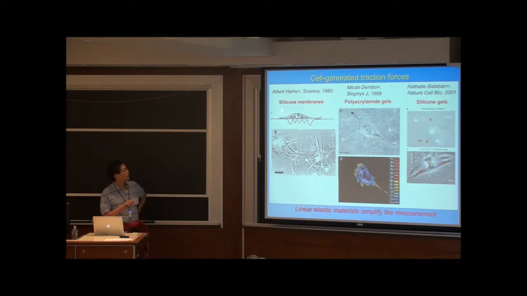And there have been a number of different methods developed over the years to try to identify and measure those forces. The first one that really put cellular forces on the map was started by Albert Harris many, many years ago. Around 1980, I think he had several papers in this area.